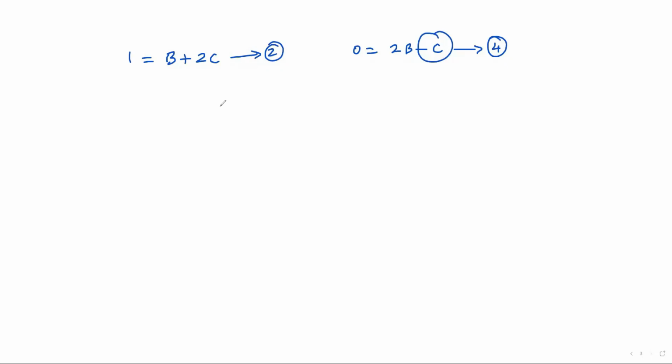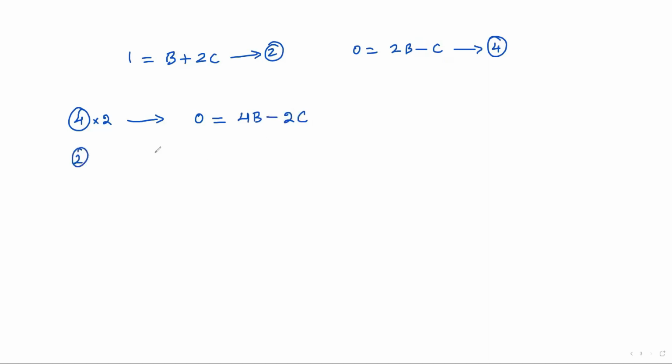For that, I need to multiply the fourth equation by 2. When I multiply this 0 by 2, it's still 0. If I multiply this 2b by 2, it will be 4b. If I multiply this negative c by 2, it will become negative 2c.